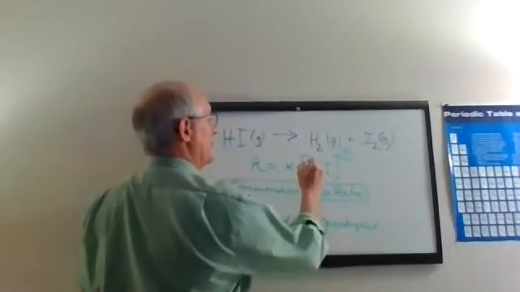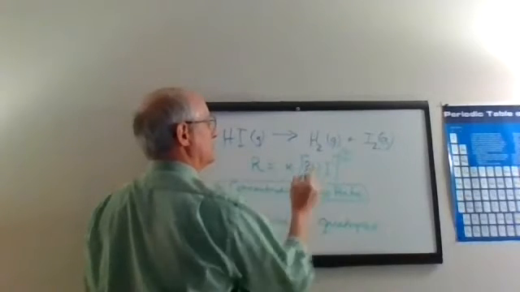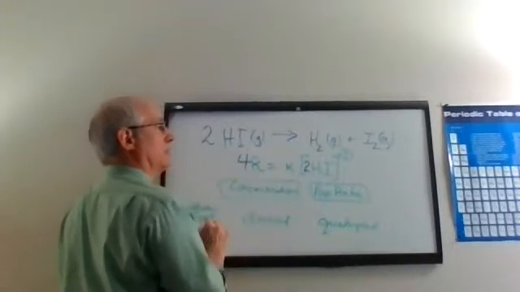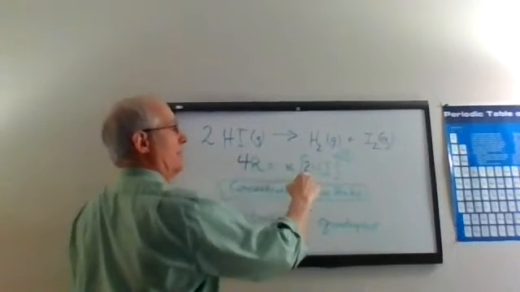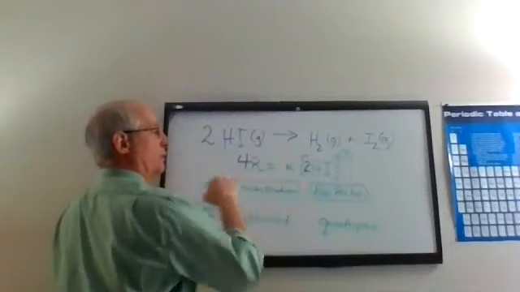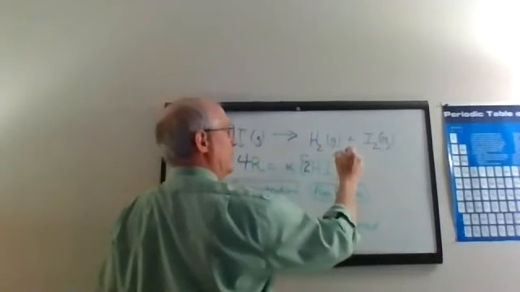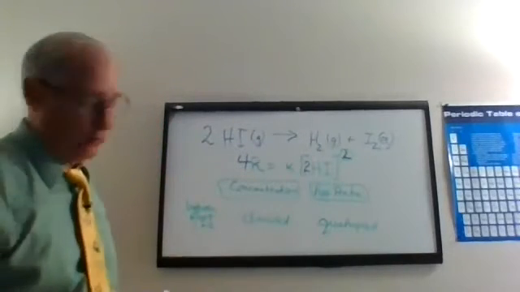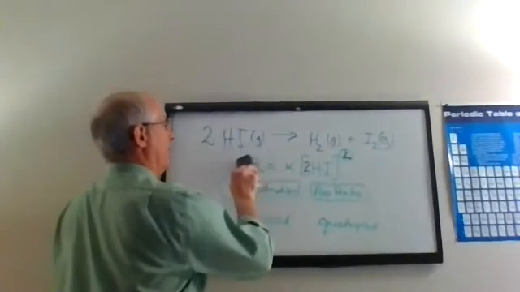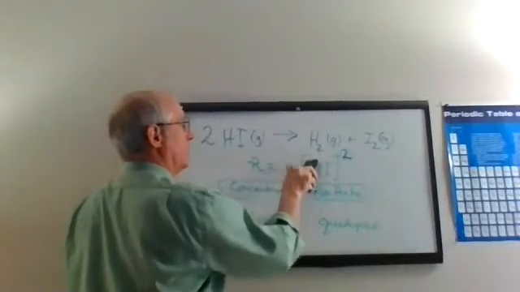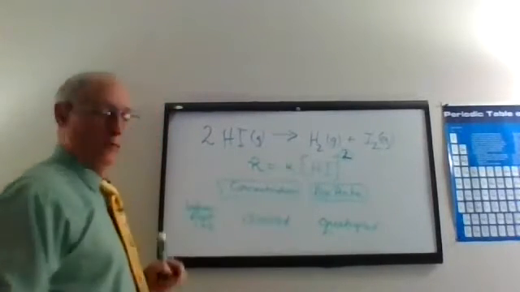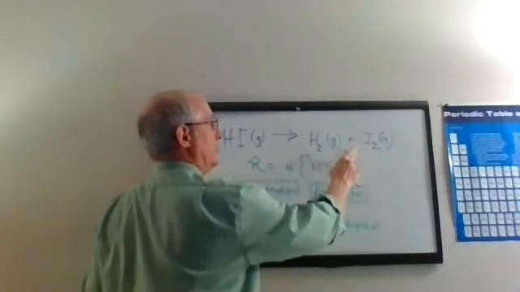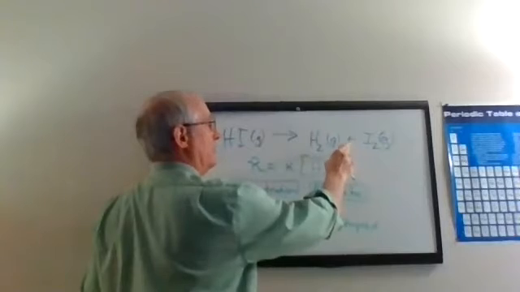When you double the concentration and the rate was quadrupled, what number do you have as a power that's going to give you 4? It's going to be a 2. The rate law is this right here. Rate is a constant K, concentration of hydrogen iodide gas squared. That, my dear, is the rate law.